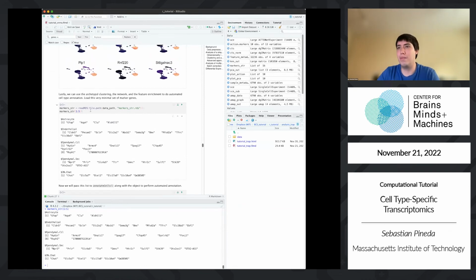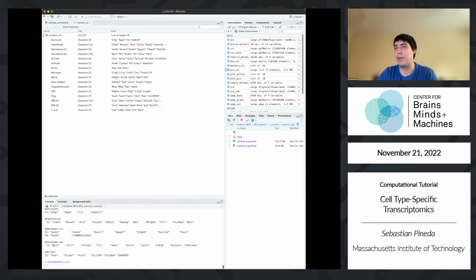Okay, well, this marker set contains 16 populations, and between 5 and 10 or 15 markers for each, and these are the cell types that I'm expecting to see.